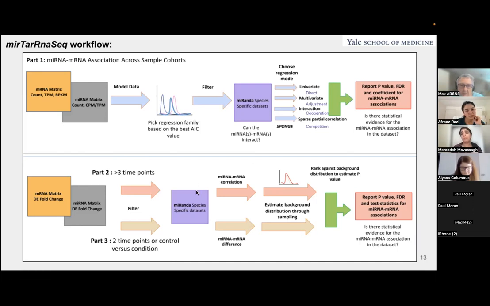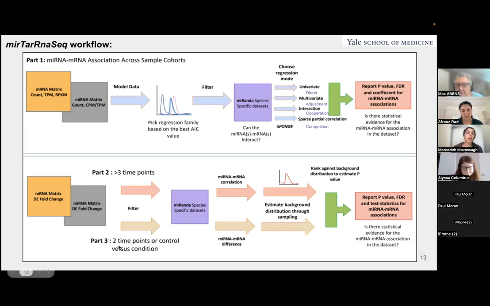You look at which one's going up and which one's going down, and this pattern continues across your samples. You estimate a background distribution using sampling, and then you rank your p-values and this relationship, and the ones that are significant using F statistics, you call significant. And of course, we do multiple testing for p-value adjustments.